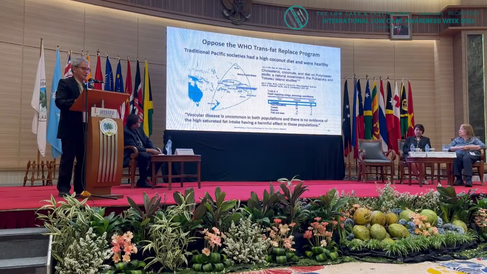They're in the middle of the Pacific Ocean, Pukapuka and Tokelau. I don't know if you can see them on the map. So they took a lot of coconut and they didn't get heart disease.